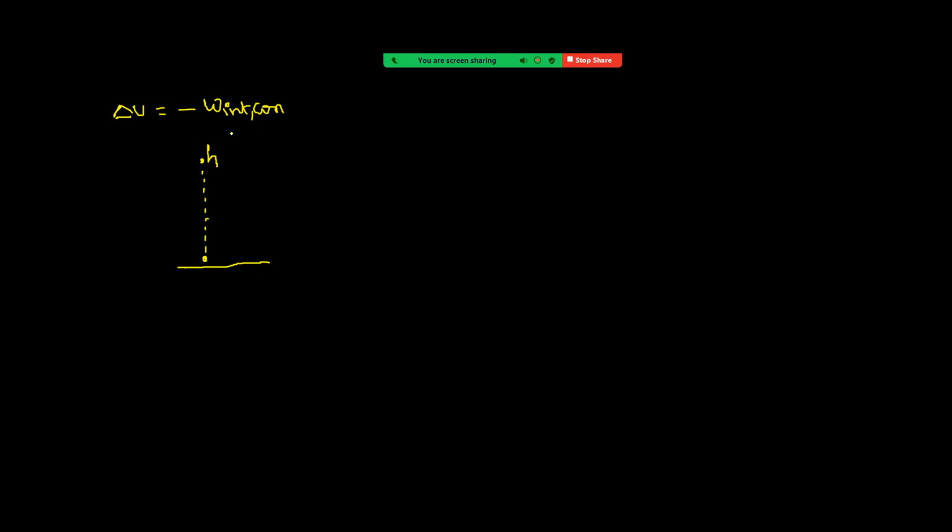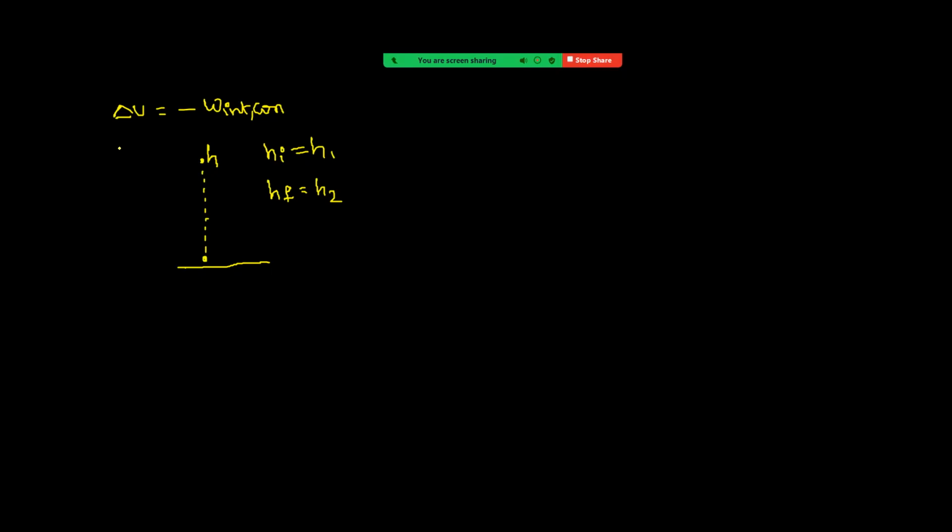Let us say initially height equals h1 and finally height equals h2. So here, when we are saying the definition part, we are saying change in potential energy. So first we have to focus on when potential energy changes.